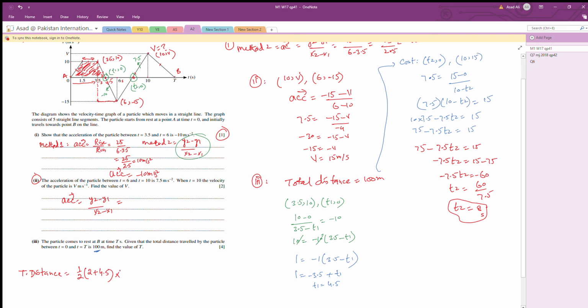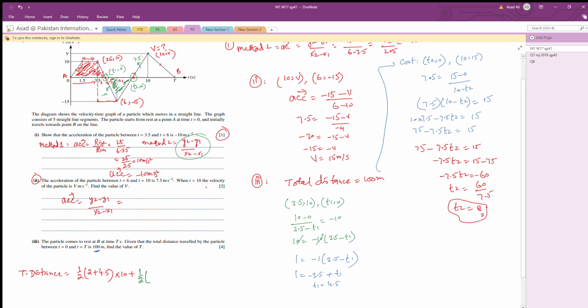What is the height? 10. Plus, again, take the area, the distance covered by the particle here. The total distance traveled here is what? This green part: 1 over 2 base into height. What is the base? From 4.5, this time is here 8.